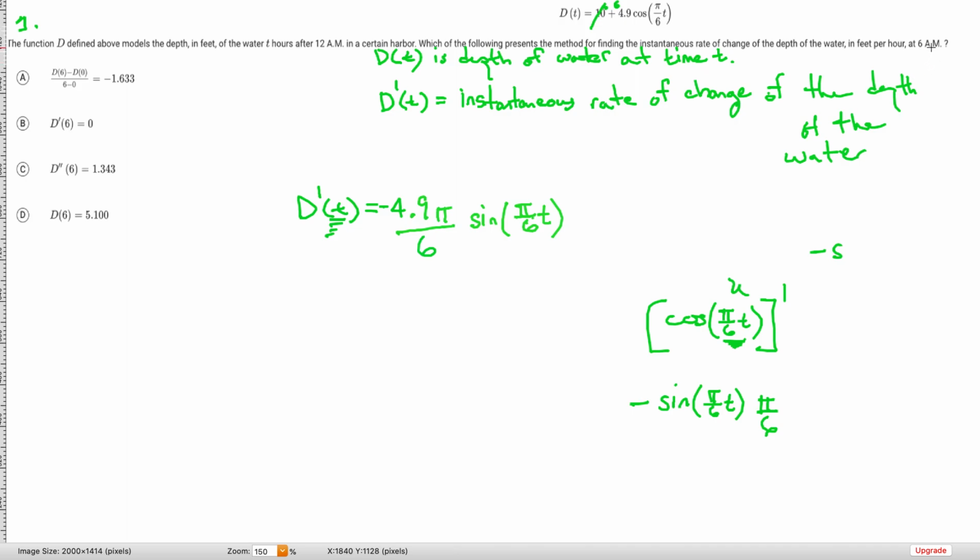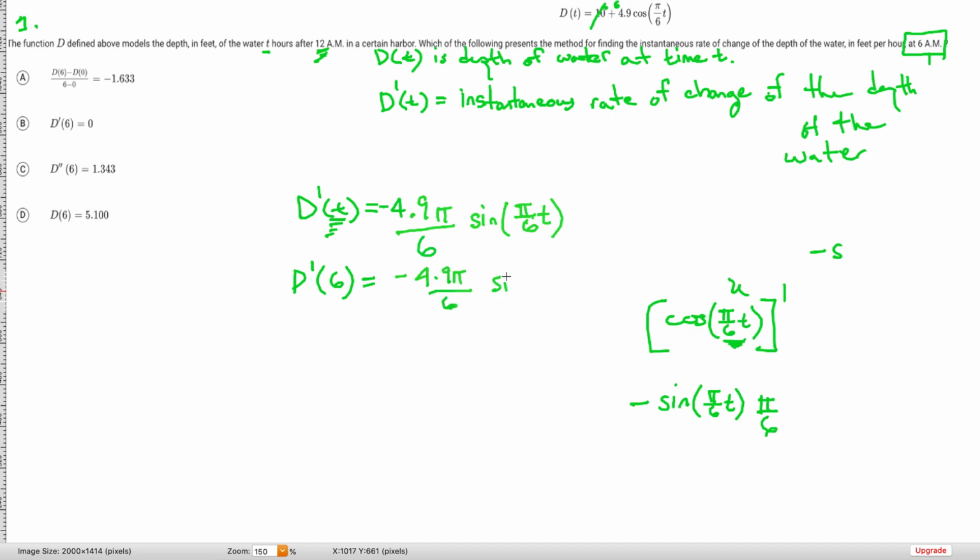Now, they want it at a particular time. They want it at 6 a.m., where t is hours after 12 a.m. So in this case, t is just going to be 6. So D prime of 6 is equal to negative 4.9 pi over 6.